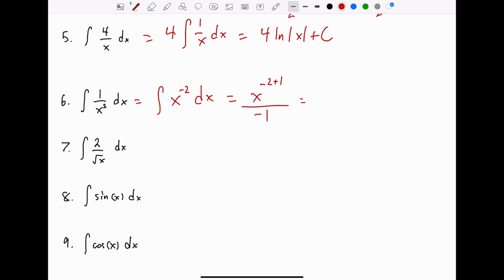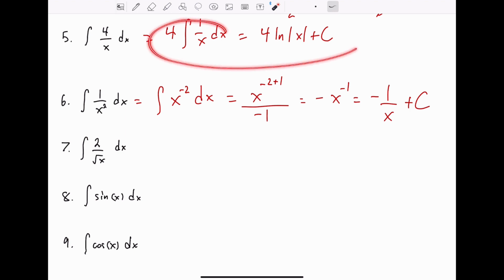The negative 1 here just makes everything negative, so we can write this as negative x to the negative 1. Or, I prefer to write it as negative 1 over x plus c. Notice that this does not use the natural log. It might be tempting to try to write natural log of x squared based on this sort of a rule, but we only get a natural log when we have an x to the first in the denominator.